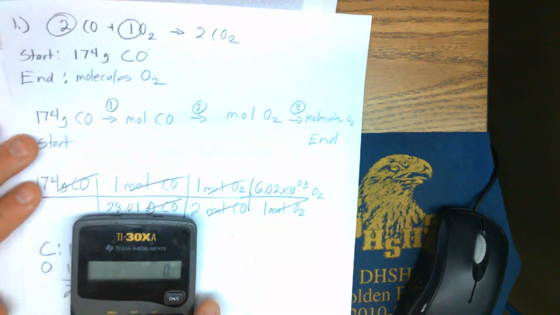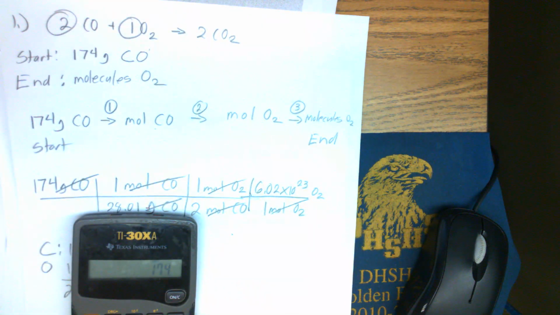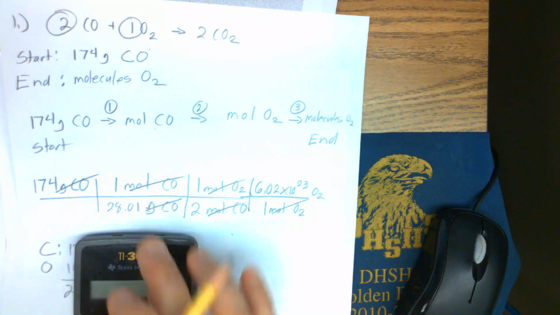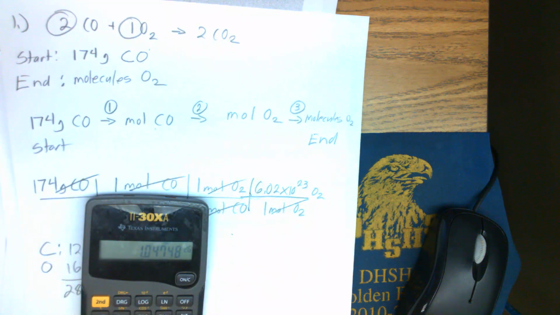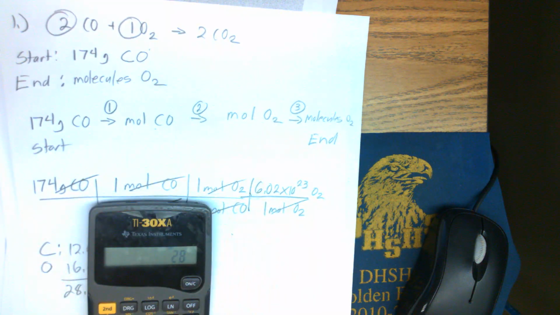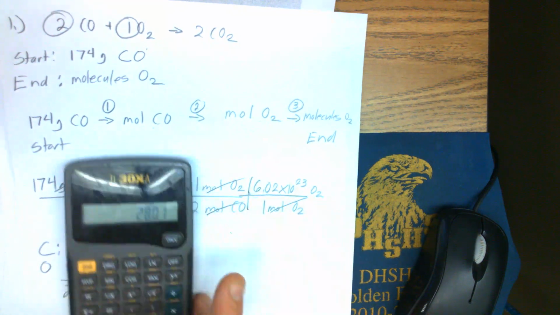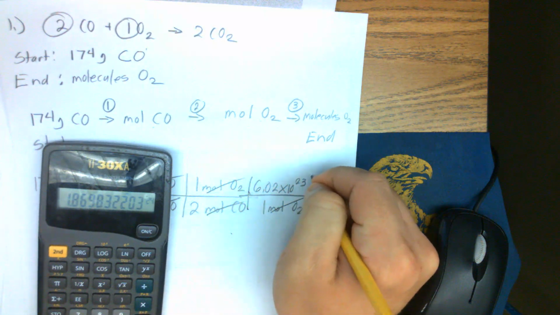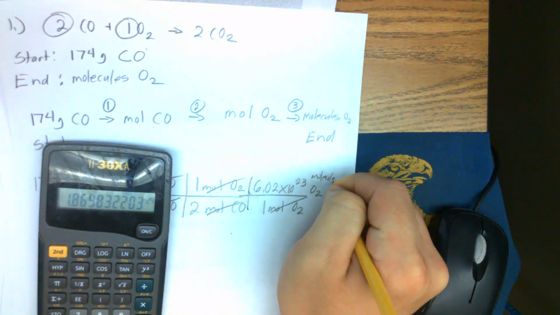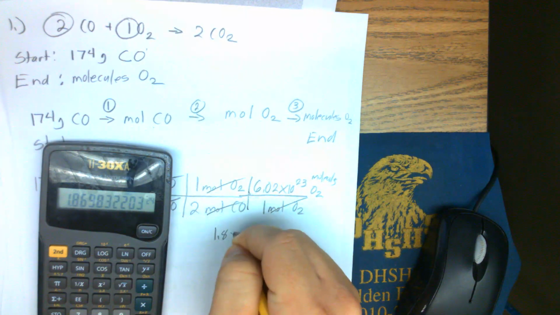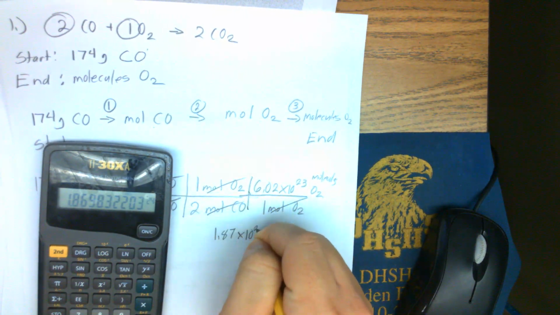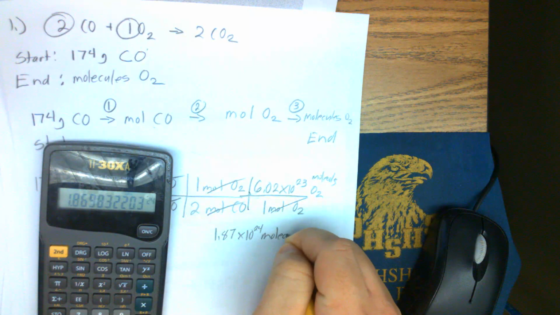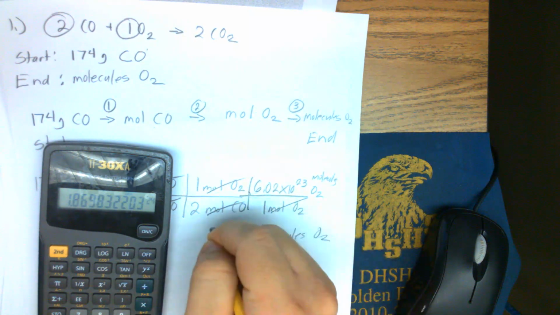So 174 times Avogadro's number, 6.022 times 10 to the 23rd, divided by the molar mass, divided by 2. We're getting molecules. So we expect 1.87 times 10 to the 24th molecules of O2.